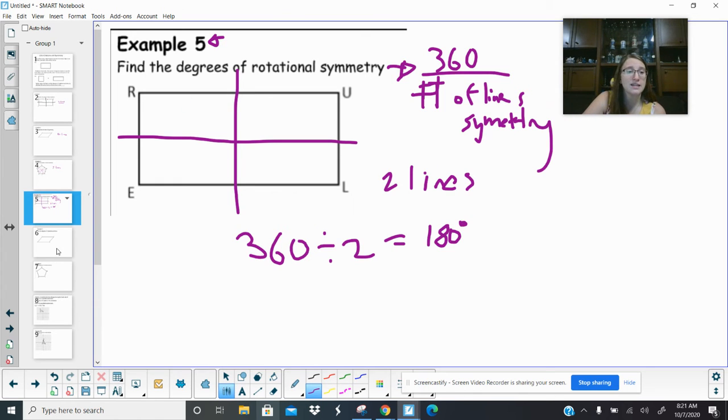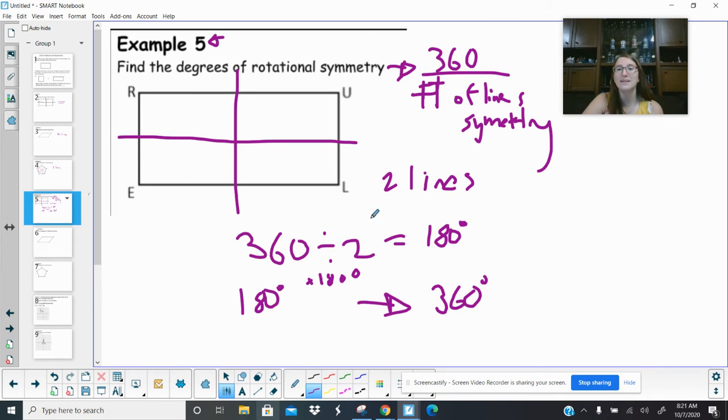Now, what we're going to see in the next question, or 2 questions from now, is that you want to list all possible degrees of rotation. So what we're going to do is keep adding the degrees that we find and list out our answers until we reach 360. So 180 is one answer. If I turn my shape another 180 degrees, this ends up being 360.